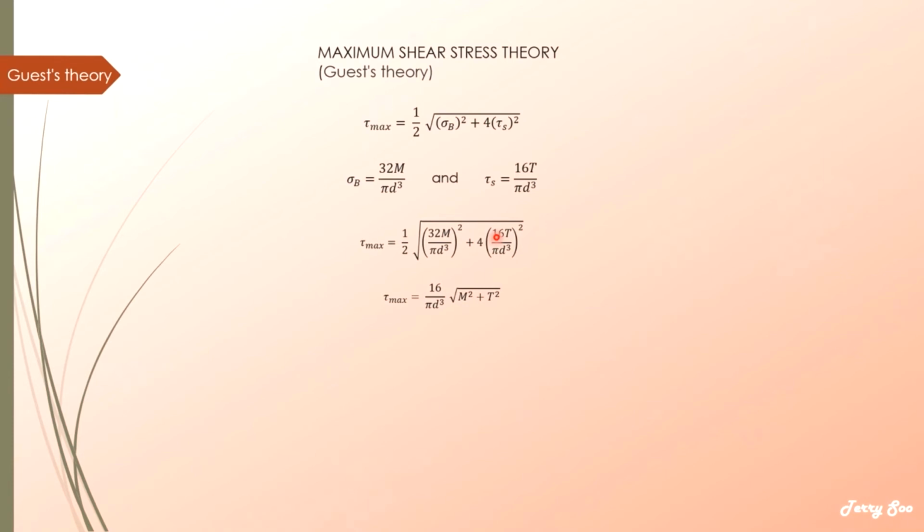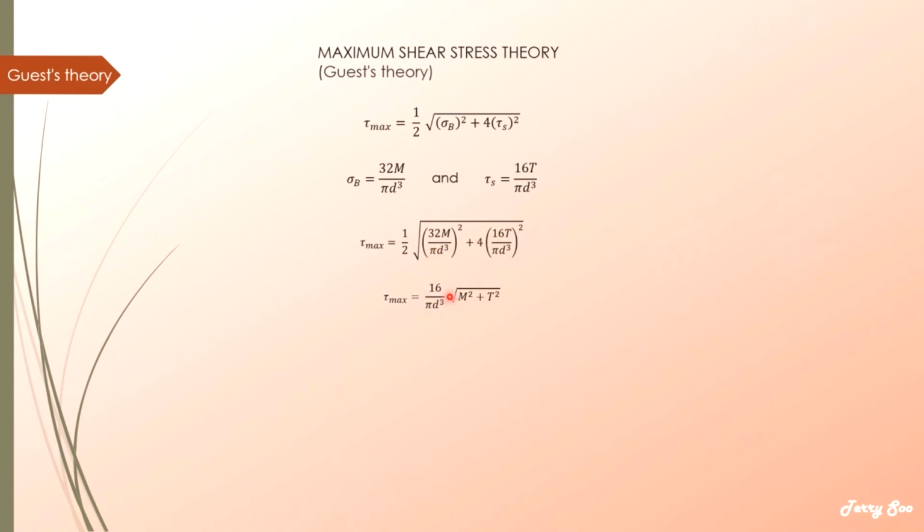It becomes 2 times 16 power 2, so it actually becomes 32. This 32 you can extract out from the whole thing, and the pi d cube as well, because these are common. Whichever is common when you are simplifying, usually we extract it out.